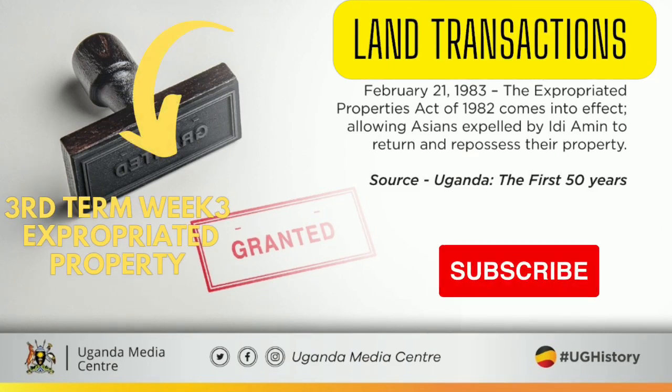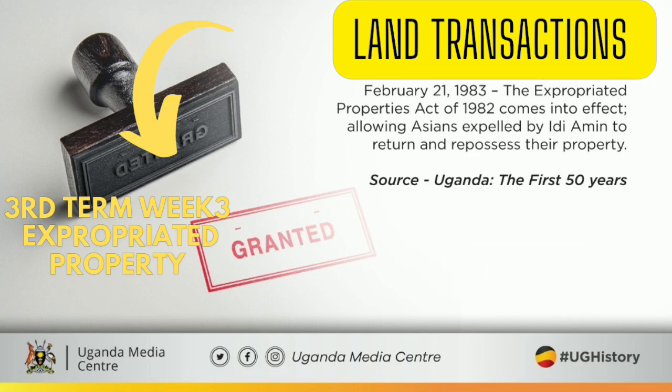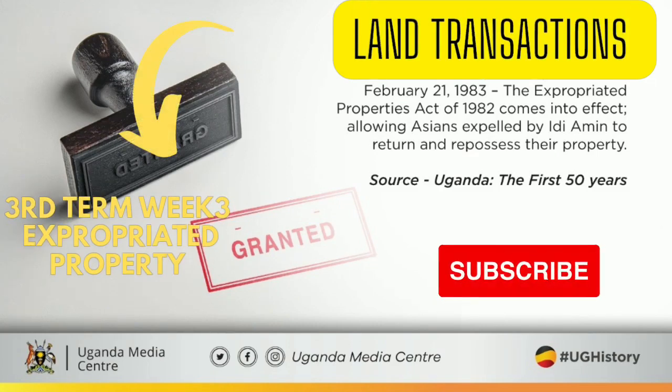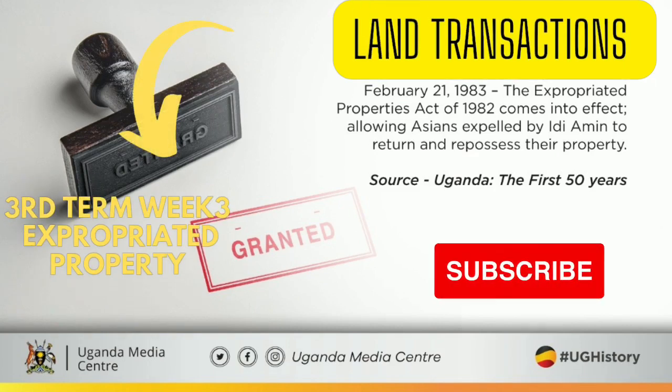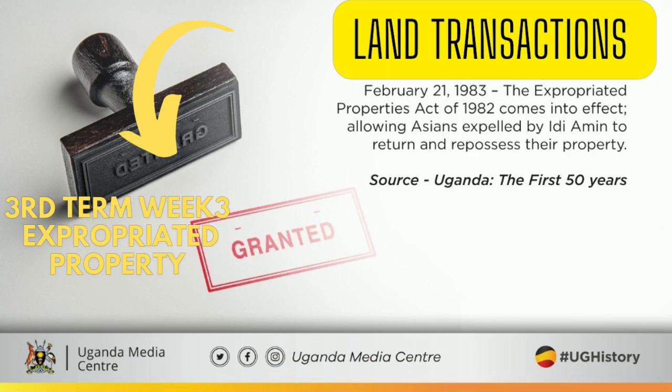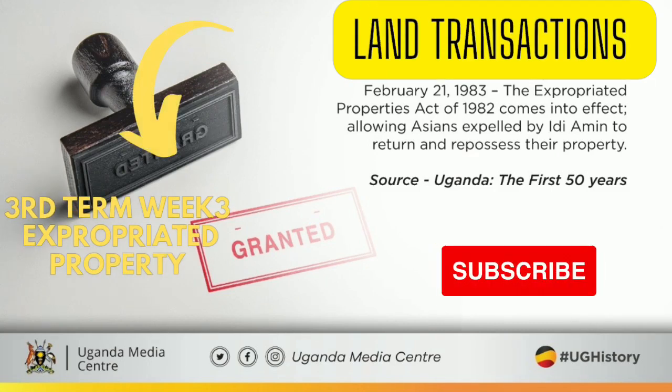Yes, Counsel. Okay. So first, let's look at the process of expropriating property. When you look at Section 1 of the Assets of Departed Asians Act, it is very emphatic. It makes it mandatory that every departing Asian shall declare his or her assets or business, whatever the case may be.